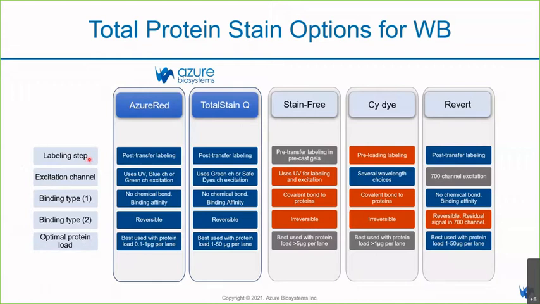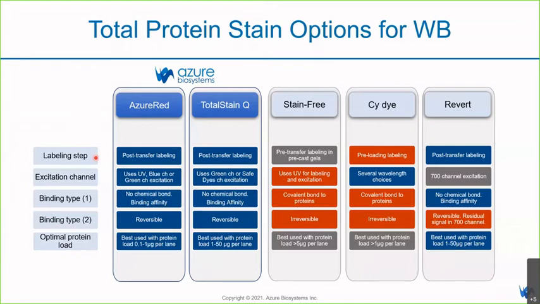Labeling step. As I said before, if you're doing accurate quantitative Western blot, the best is having the labeling after the transfer, because after the transfer, you only deal with primary and secondary antibody incubation. There's no other factor that can change the protein load or modify anything on the blot anymore, because that's the last step of Western blotting.